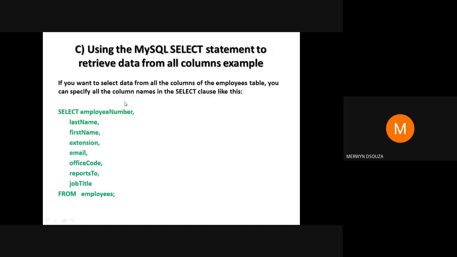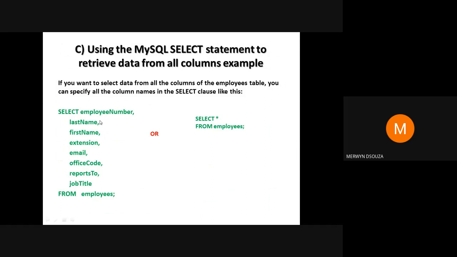The alternative way of writing this query when you want to select data from the entire table is, you could have optionally written it as select asterisk from employees. So both the queries stand for the same thing, that is, you're selecting the entire data from the table. This is the shorter and easier way of selecting data when you want all the data.